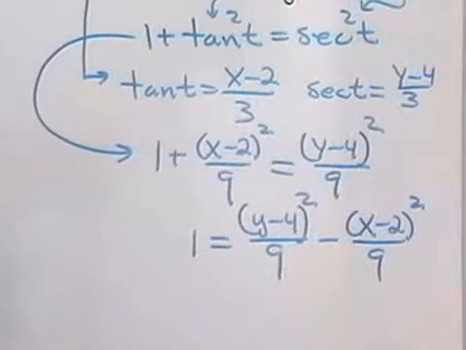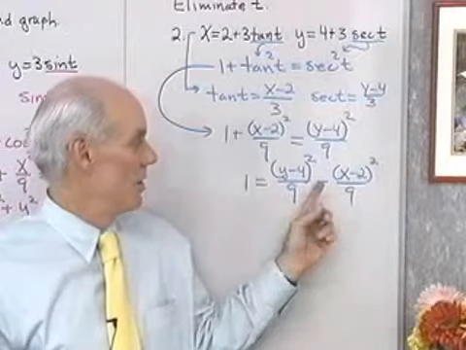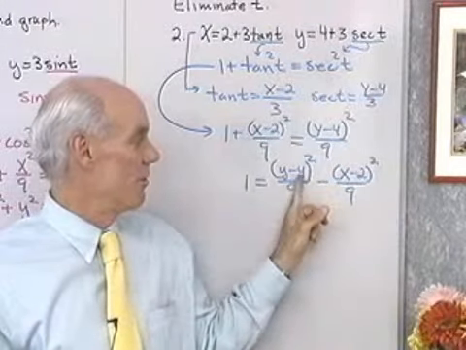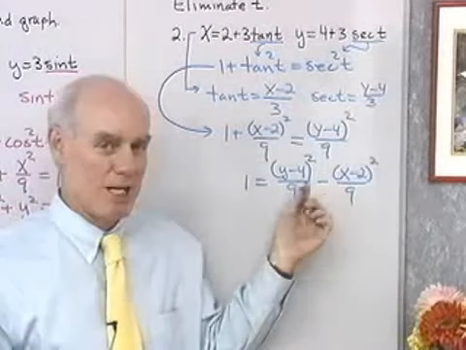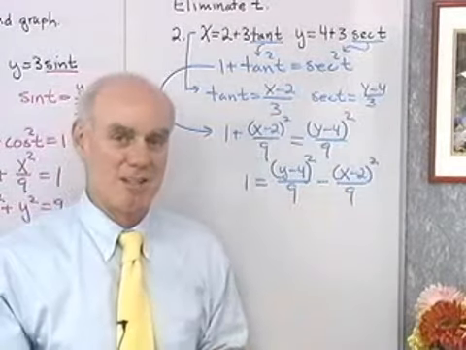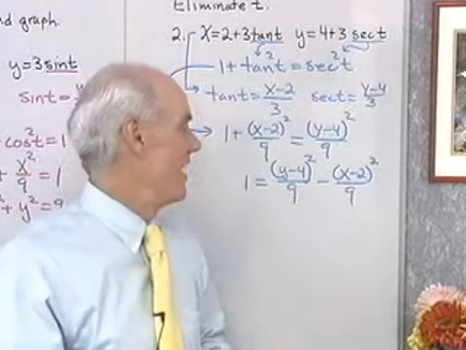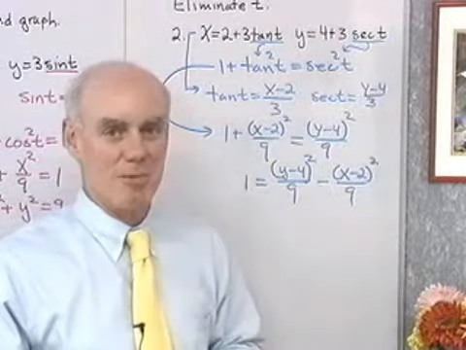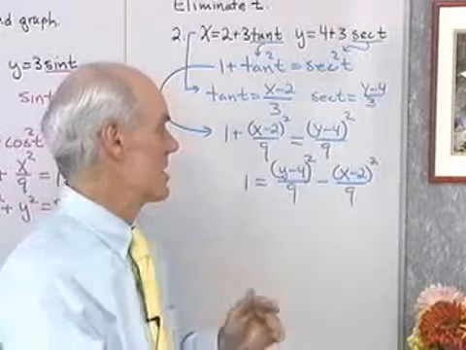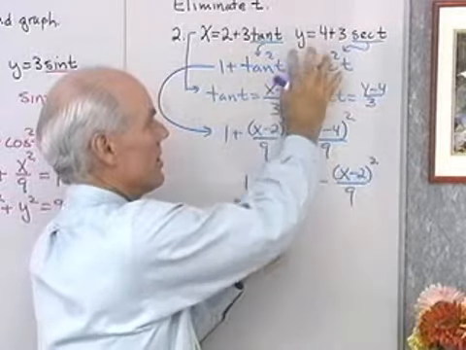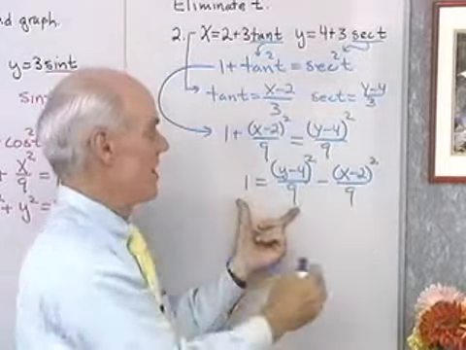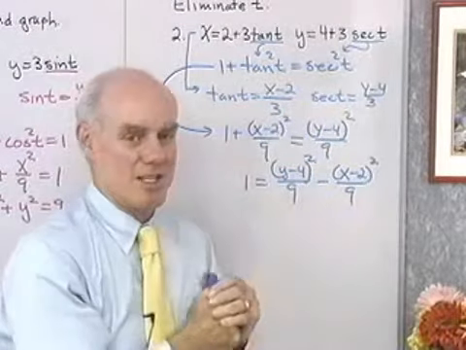So that looks like the equation of maybe a hyperbola with a center at x equal 2, y equal 4, and then these 9s right here will tell us how to draw that little box with the asymptotes. We're not going to graph that because that's kind of a review of some more of the difficult topics from intermediate algebra, but at least we have succeeded in eliminating the parameter t from these two equations right here using this Pythagorean identity, and we end up with an equation that just has x and y in it.